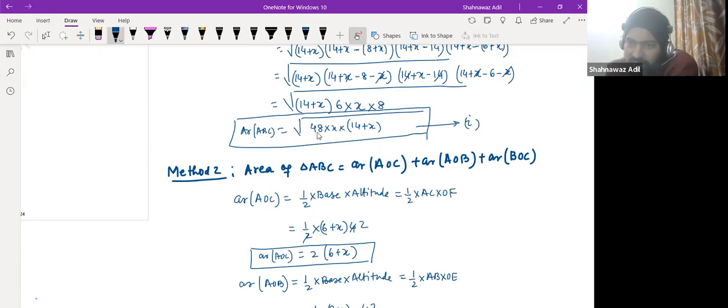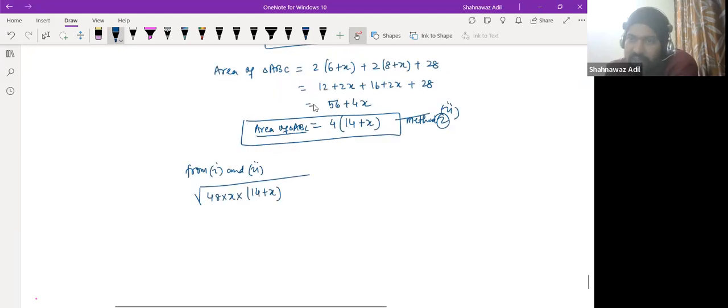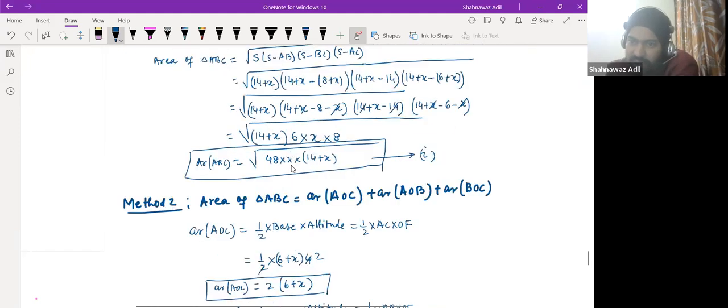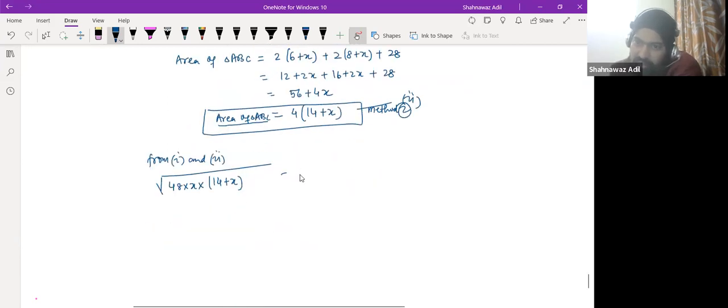This is root of 48 into x into 14 plus x, and this is how much? This is equal to 4 into 14 plus x.